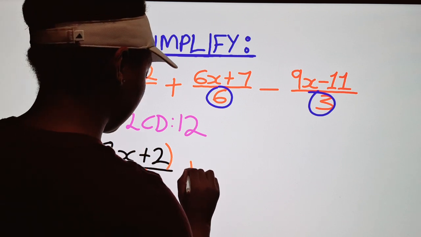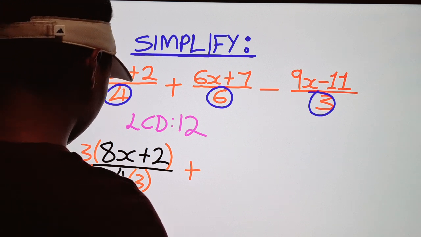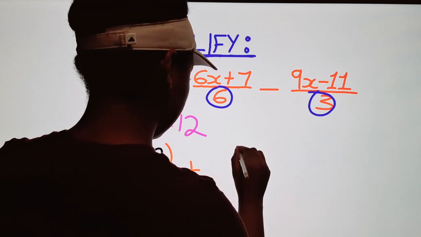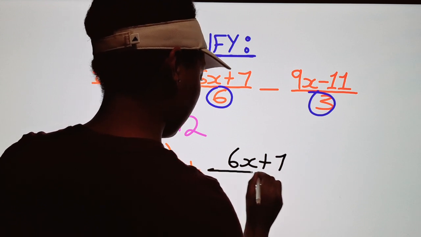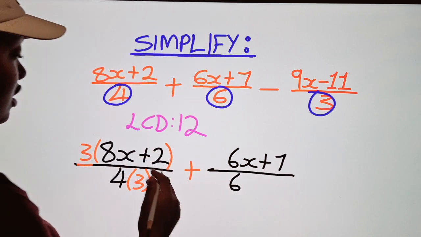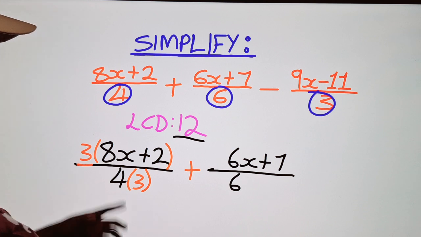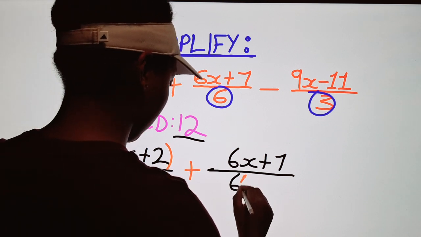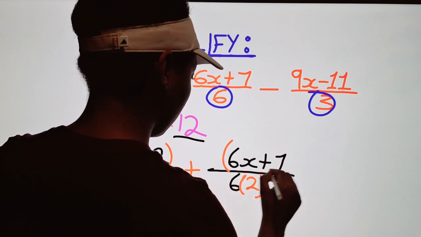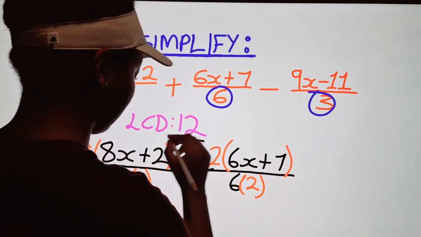Then we go to the next fraction. The next fraction that we have is 6x plus 7 over 6. We change the 6 to 12 as well, just like we did with 4. To make 6 become 12, you multiply it by 2. 6 times 2 is 12. Then we do the same to the numerator, we times it by 2.